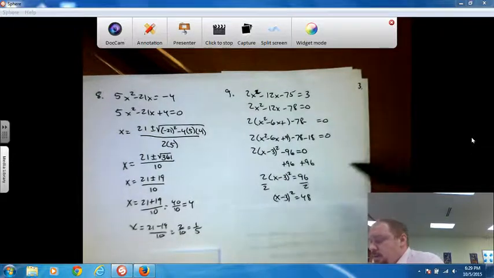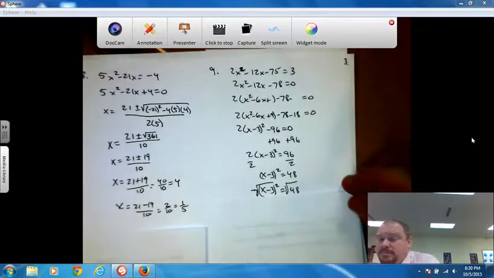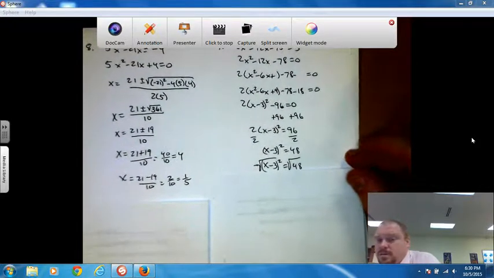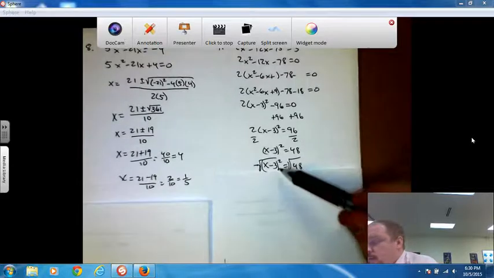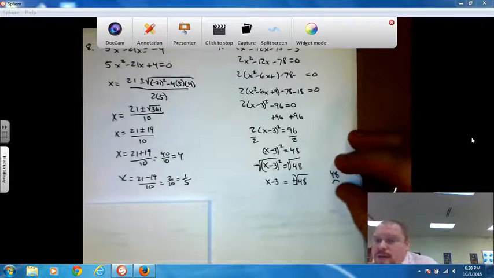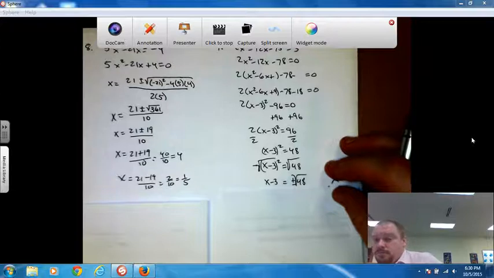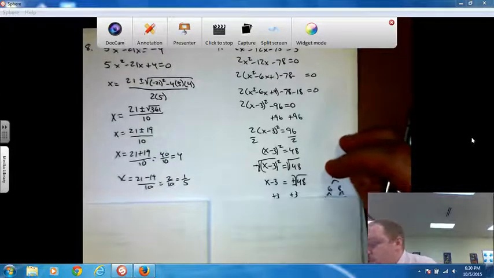Now it's time to undo the squaring. So I have to square root both sides. Okay. So, because I'm taking the square root of a variable, I have to have plus or minus the square root on both sides. Now, I can simplify 48. Okay?